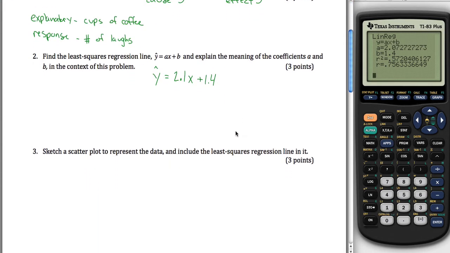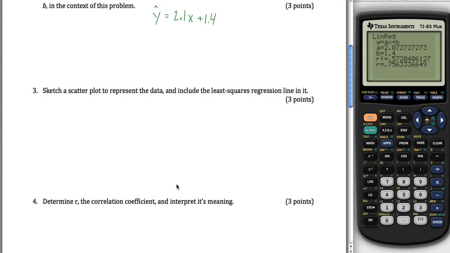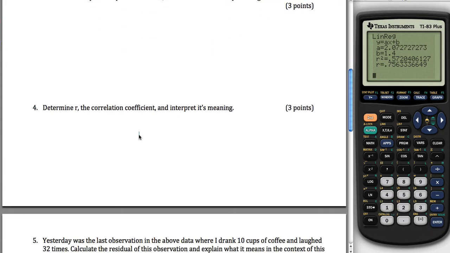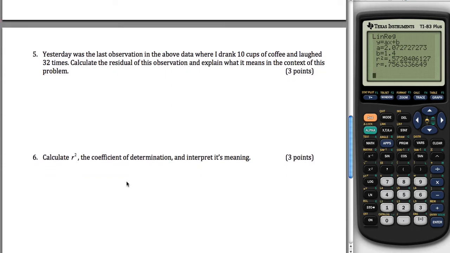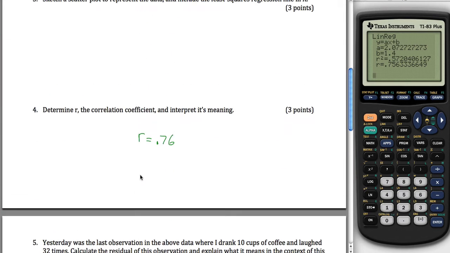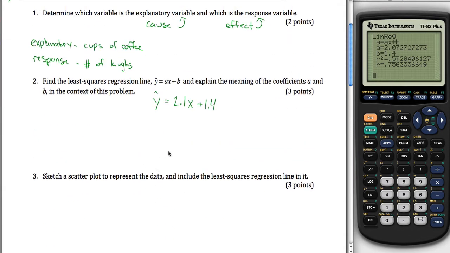I still have to interpret those coefficients, but if I recall correctly, it's later going to ask me to figure out what r is. That's 0.756, call it 0.76 maybe. And then later r squared, which is 0.57. So I'll copy those down for later and then go back to where I was.